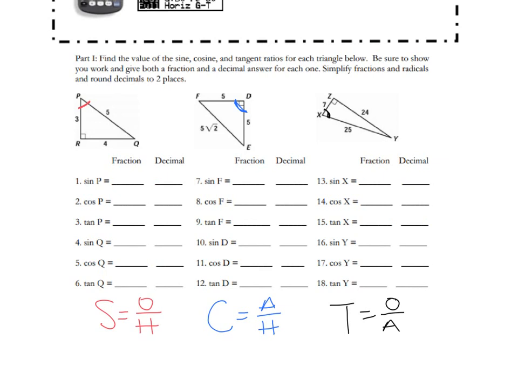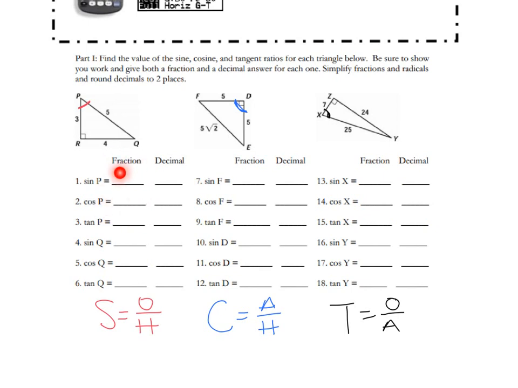All right, so for this final part of our notes, we're going to find the value of sine, cosine, and tangent ratios for each of the triangles. You want to make sure that you pay attention to which angle they're referencing. So notice for number 1, 2, and 3 here, they're referencing P. I've already highlighted it here because that is our theta, basically, okay?